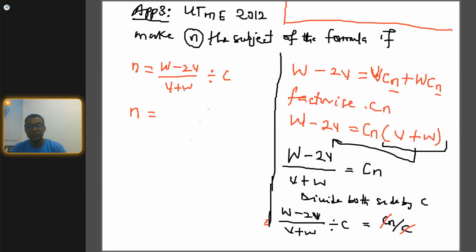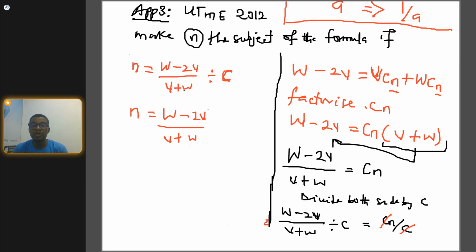Multiplication. So I'm going to have w minus 2v over v plus w. When you change this to multiplication, we are going to have the reciprocal of what? C. If I have a, the reciprocal of a is 1 over what?